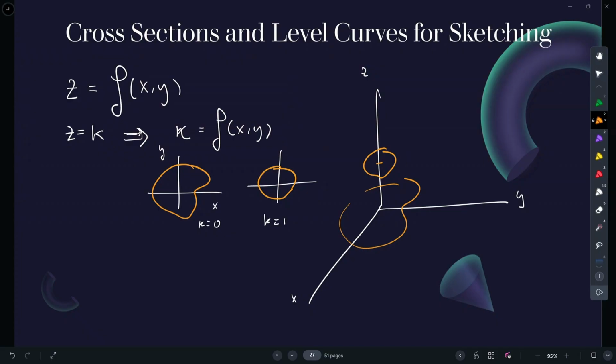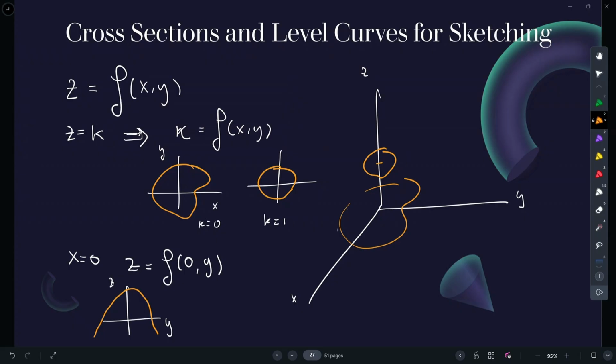And then I'm also going to do cross sections. Sometimes I'm also just going to do the main cross sections. So for example, I pick x equals 0, and then what I get is z is equal to f of 0 comma y. When x is 0, I'm drawing something in the yz plane, and suppose that it just looks like this.